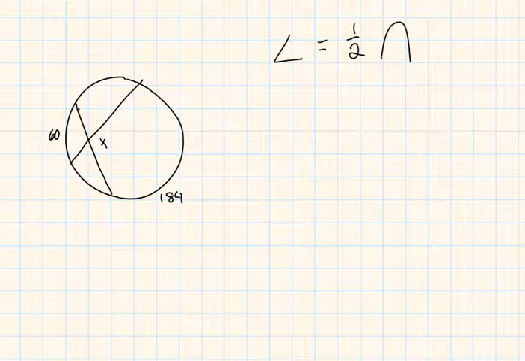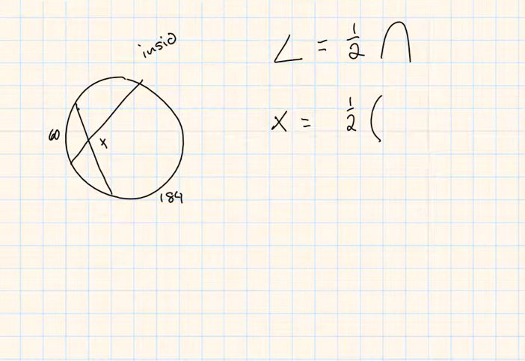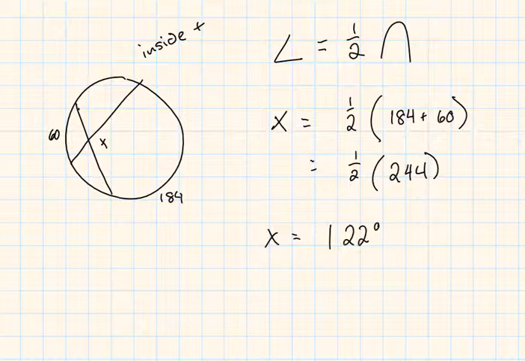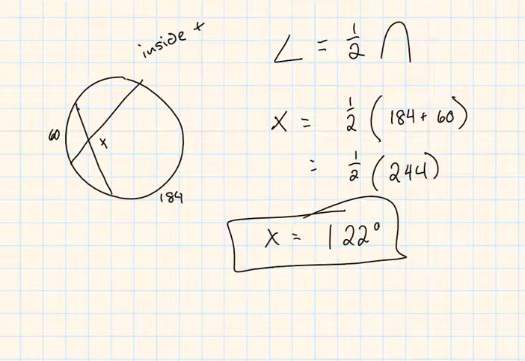So here we have our x, that's our angle, equals 1/2, and since this is an inside intersection, we're going to be adding: 184 plus 60, 1/2 of 244, therefore x equals 122 degrees. And if we were to logically look at the picture, that would make sense. It looks like it's over 90 degrees. Most of these pictures should be approximate and actually make sense with how they look.